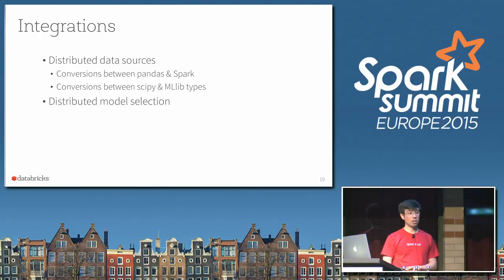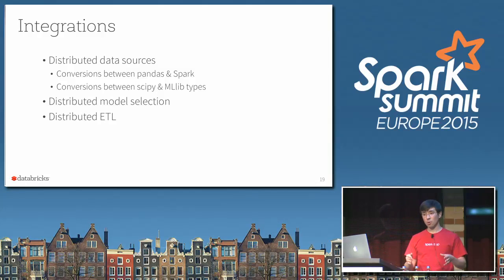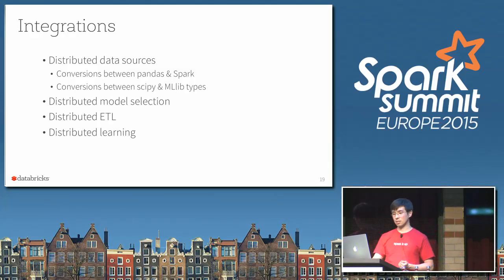Distributed model selection. This is very doable just by hand, but for the sake of convenience, we're also providing this in this package. Distributed ETL, or featurization, which we were doing when we moved that first part of the pipeline into Spark. And finally, distributed learning, when we moved everything into Spark and MLlib.